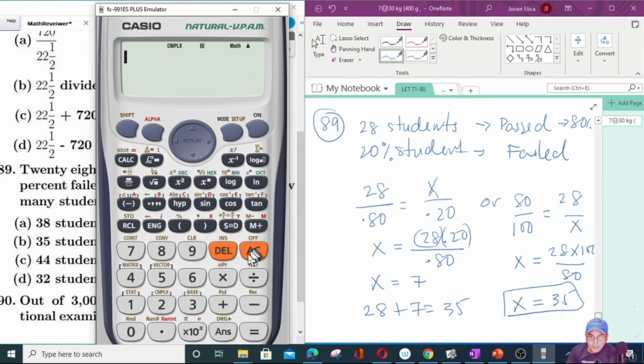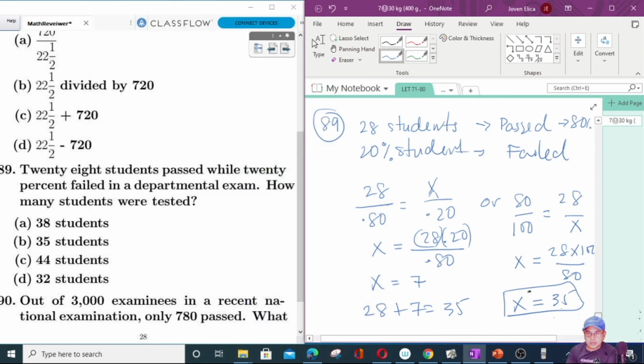Let's see. 28 multiplied by 100 divided by 80, it's 35. So the same answer. The answer is 35 students total. Letter B.